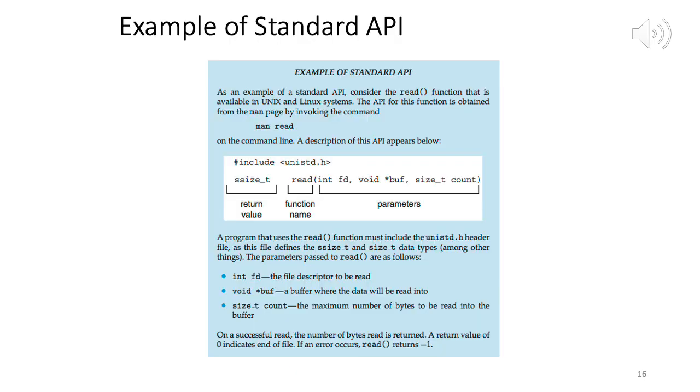Now I am on slide 16. An example of a standard API is the read function, available to Unix and Linux systems. The API is obtained from the man page by invoking the command man read. This is the description. It needs that header file. Read is the name of the API function.